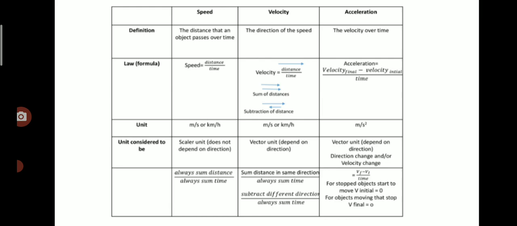No doubt earlier I have said speed is a scalar while velocity is a vector quantity, because speed does not depend on the direction while velocity depends on the direction. Acceleration is a vector quantity; it depends on the direction change and velocity change that are considered in defining the acceleration. So this way we can differentiate between speed, velocity and acceleration.